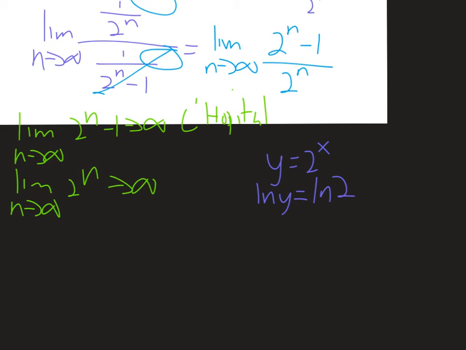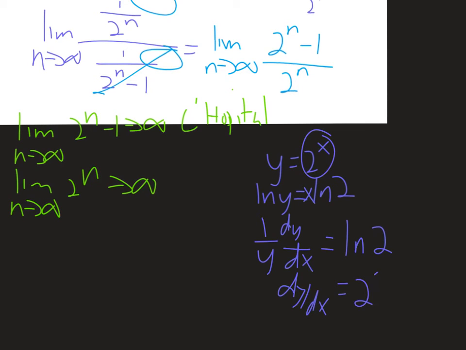The derivative of natural log of y is 1 over y times dy/dx. Natural log is a derivative you have to know. The derivative of x natural log of 2 is natural log of 2. Multiplied by y, but y is also known as 2 to the x. So that's the derivative.